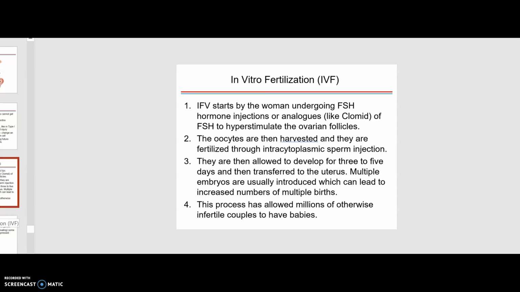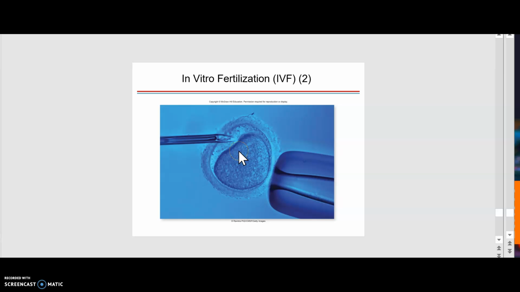And so that's that in vitro fertilization aspect there. Here's the picture of in vitro fertilization where the sperm is injected into this oocyte here to show you on this in vitro fertilization aspect.